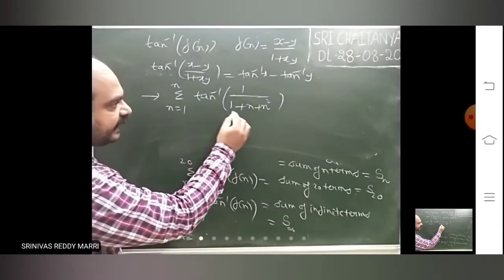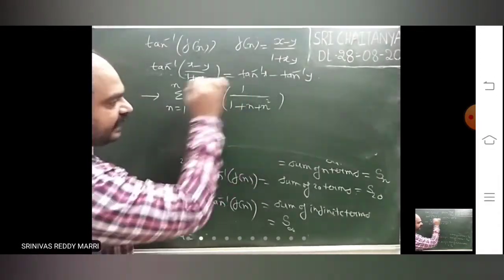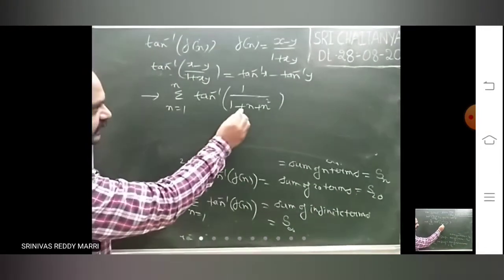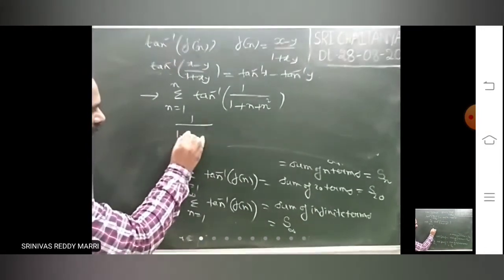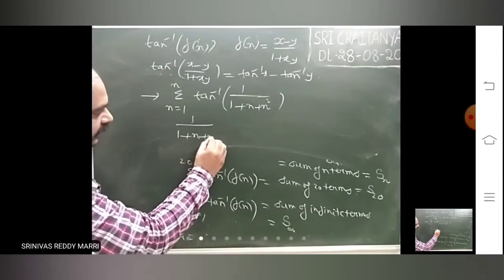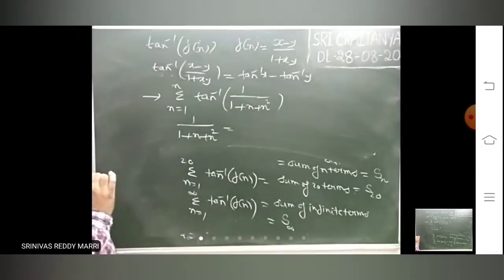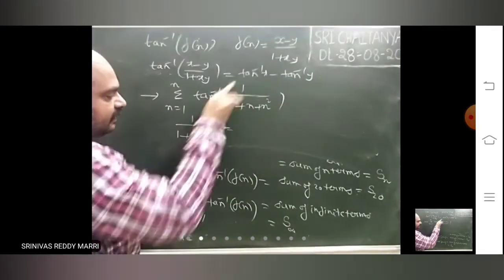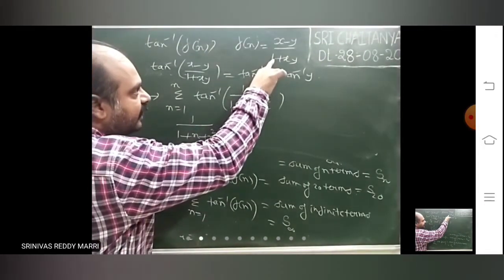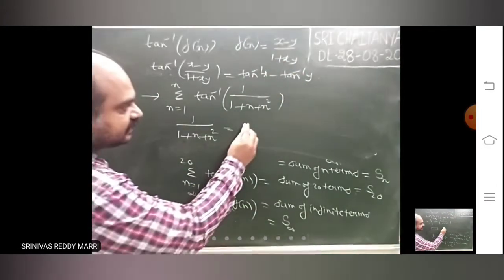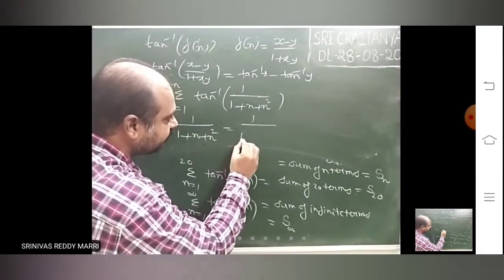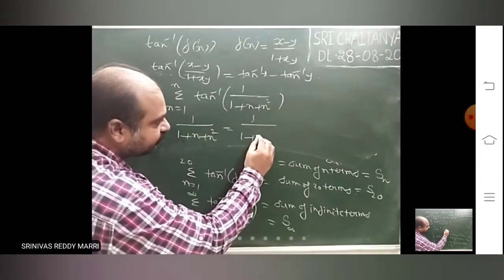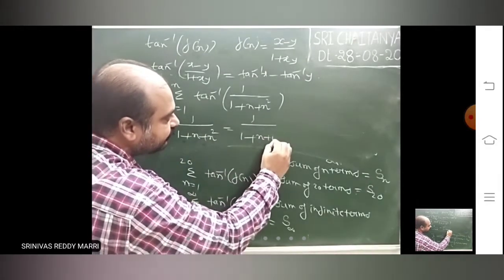This is what I am calling f of n. Take that f of n, 1 by 1 plus n square. First step is 1 plus x into y. Here the denominator you must bring to the form 1 plus product of two numbers. So 1 is already there. Okay, 1 plus, first step is 1 here. This product of 2 is nothing but n into n plus 1.